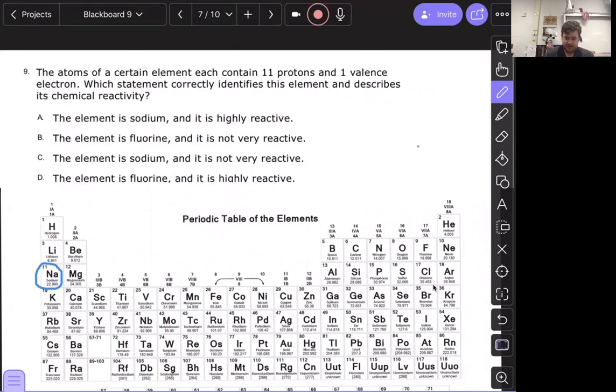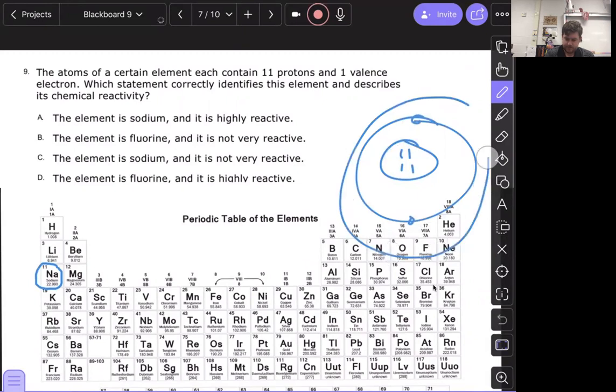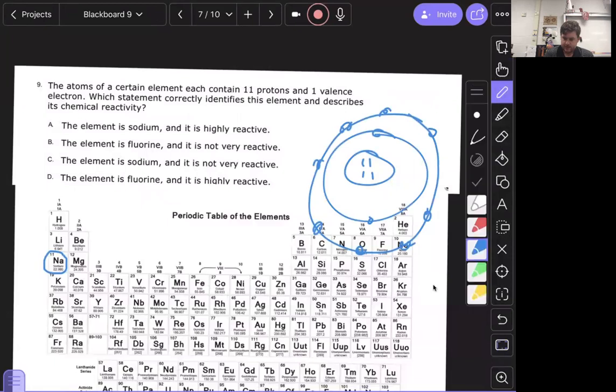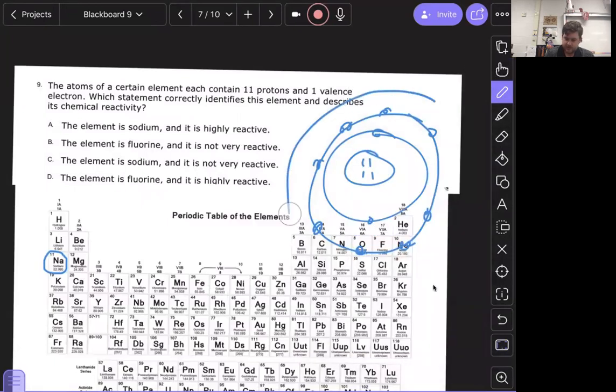So if I draw sodium, a full valence electron there, and then I just have one valence electron, so I got to draw my one more.